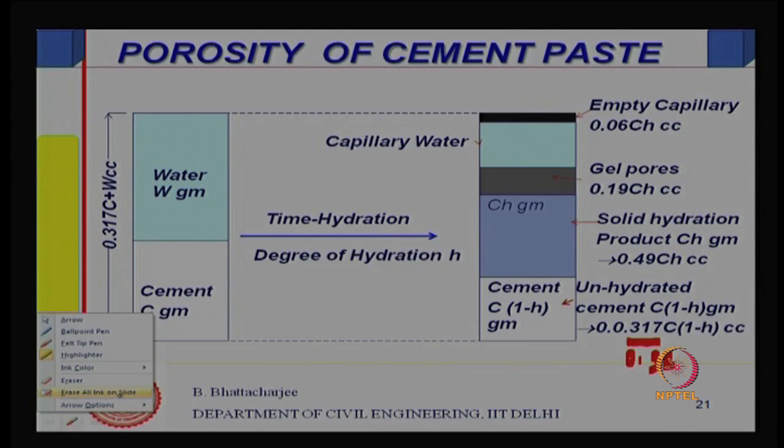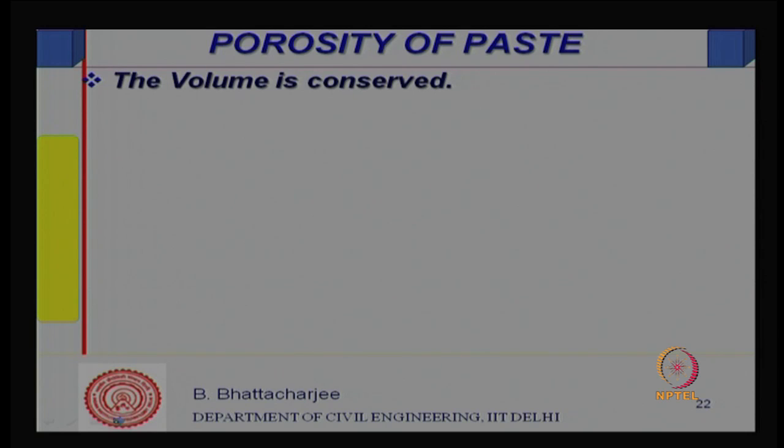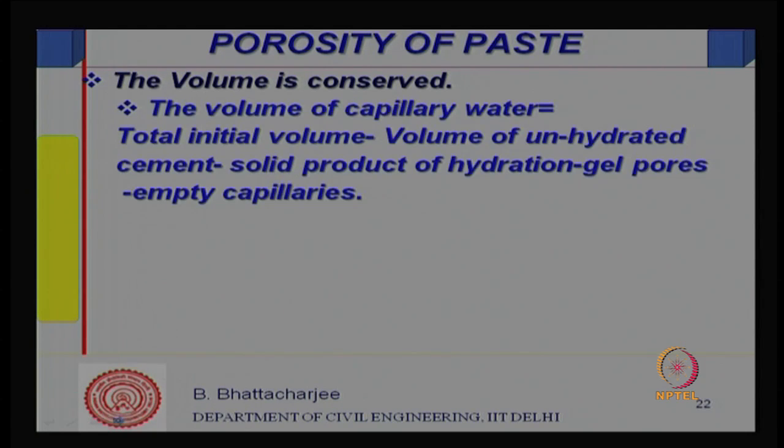Therefore, using these concepts, I can calculate the porosity of the paste. The volume of capillary water will be the total initial volume minus the volume of unhydrated cement and empty capillaries. I can find the capillary water volume because the initial total volume is known and the other component volumes are known, so I subtract them.